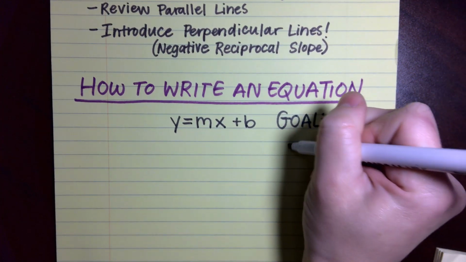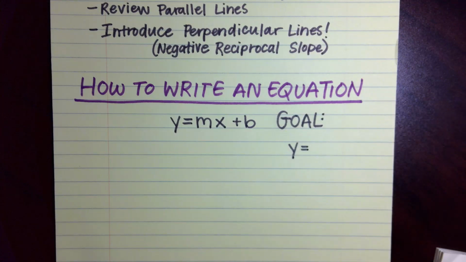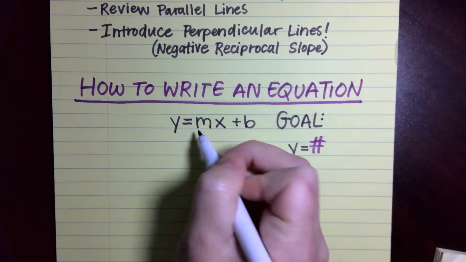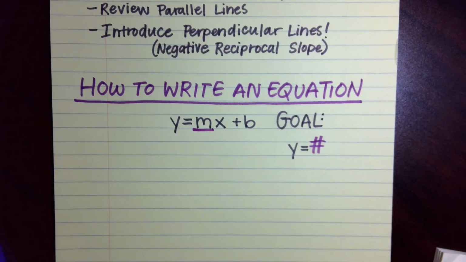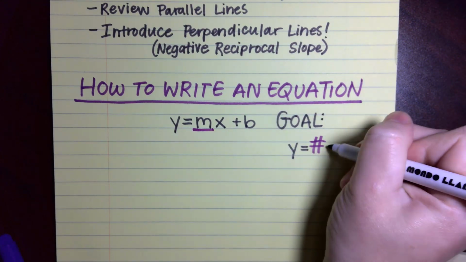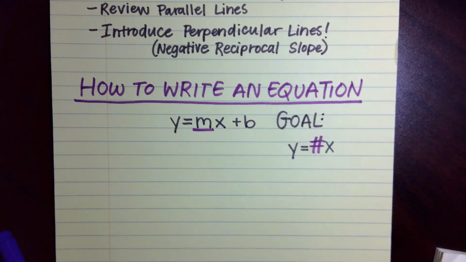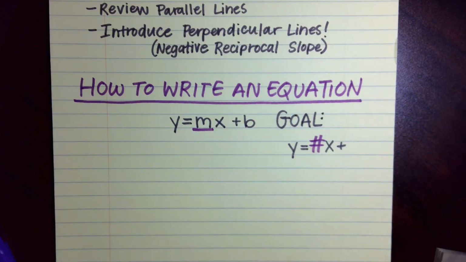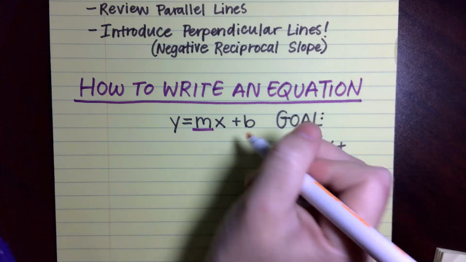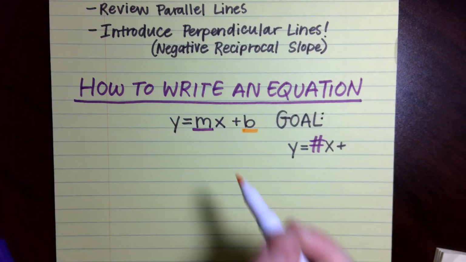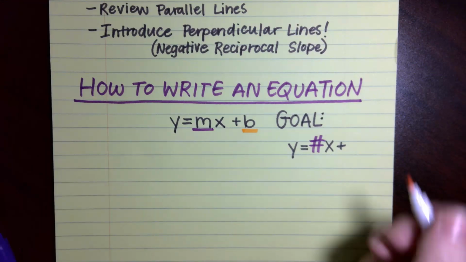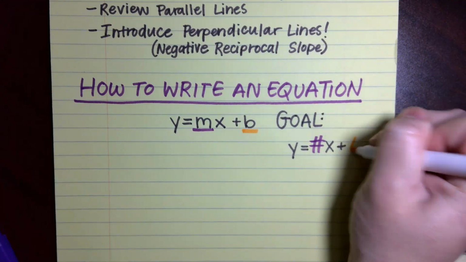We're going to have y equals, then a number for m with an x, plus a number for b. So we don't ever want to have something for y or something for x in our final answer. It's always just M and B.